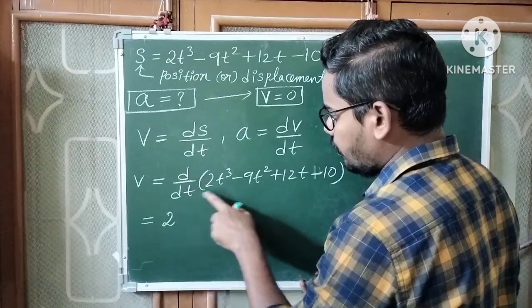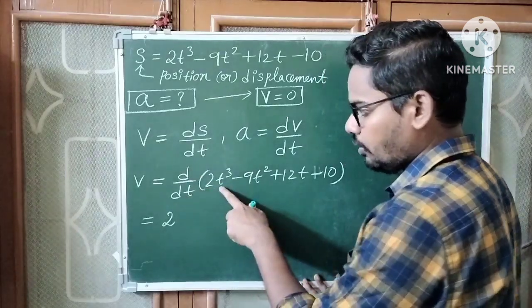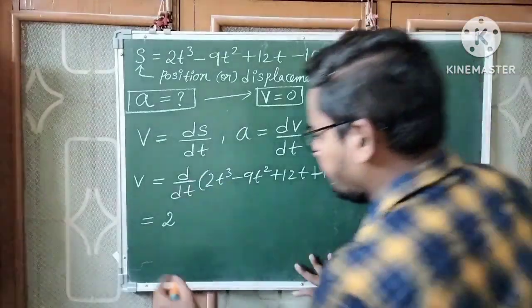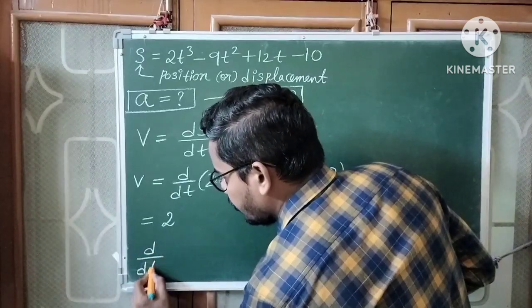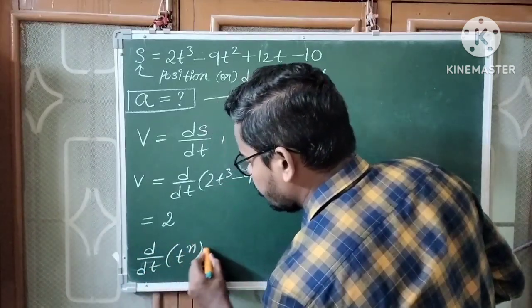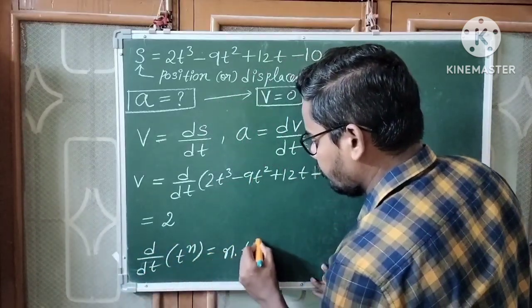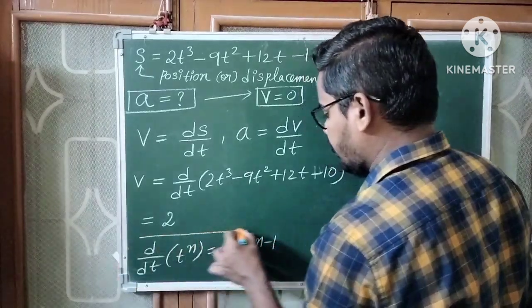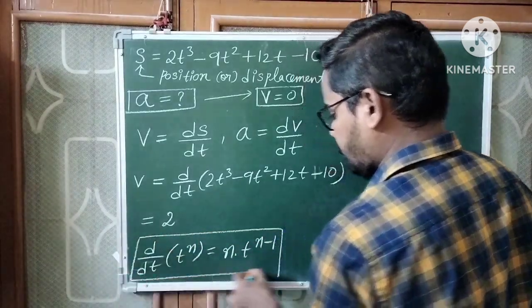So d by dt of t cube. We have a formula in derivatives: d by dt of t power n is n into t power n minus 1. Simply apply this formula.